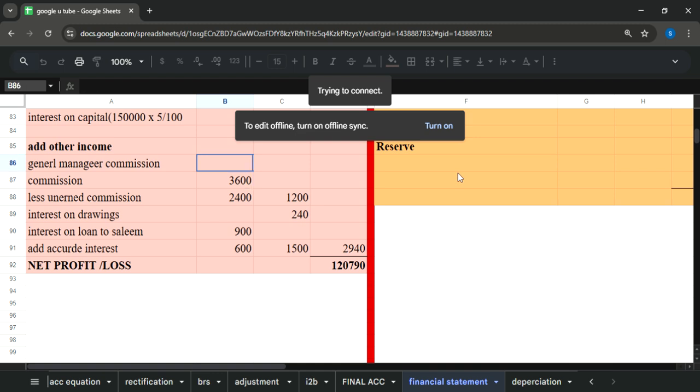General manager commission. Please see 120,790. It's not writing. Okay, no, we don't need that. Actually, the light was not here and it had come.